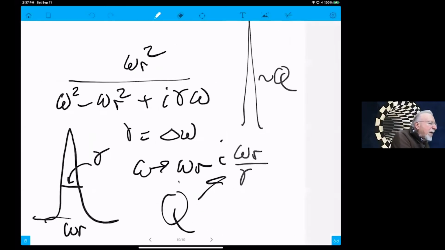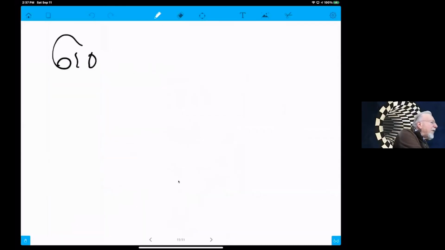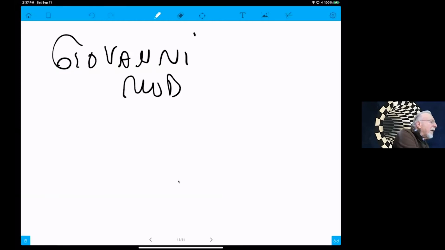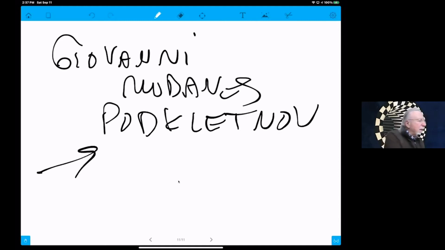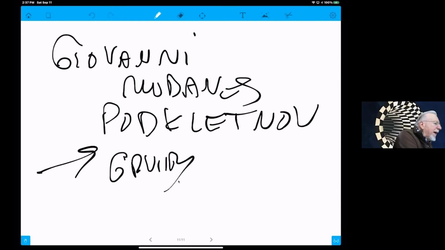We have Giovanni Modenese, and this guy Podkletnov. They are claiming gravity anomalies in superconductors.